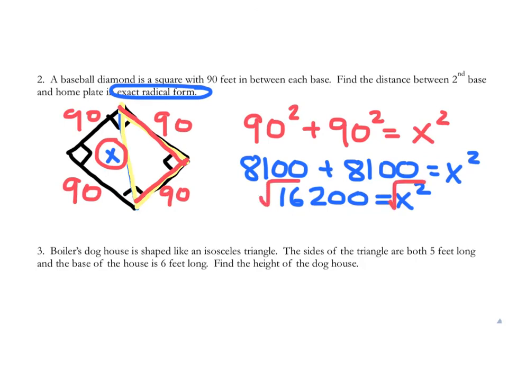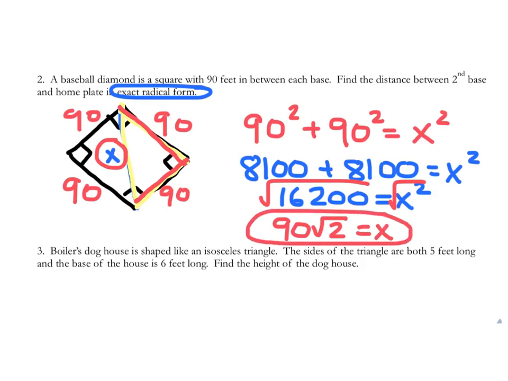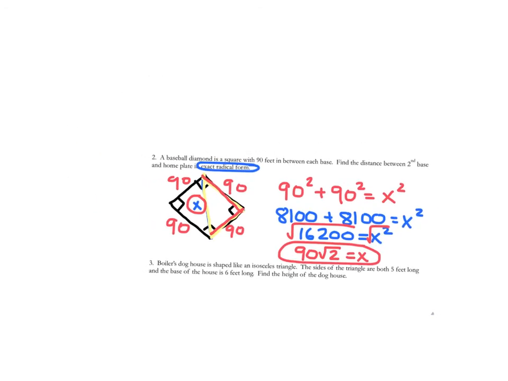I'm just going to square root both sides. Reducing this, guys, this is 8100 times 2, obviously. So when I do reduce this, I am going to get 90 root 2 equals x. And that's it. Okay, so there we have it.